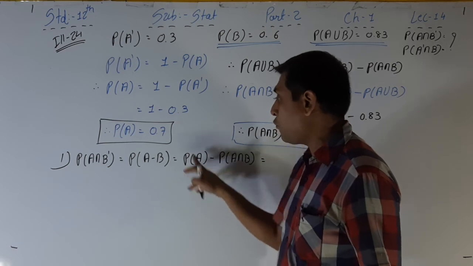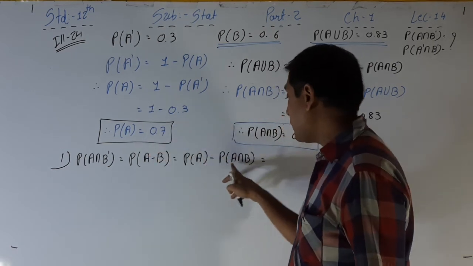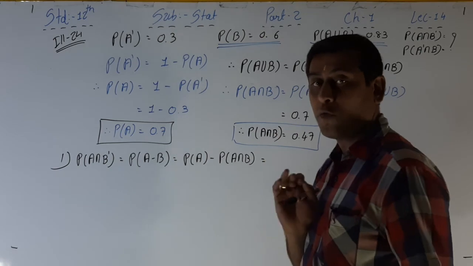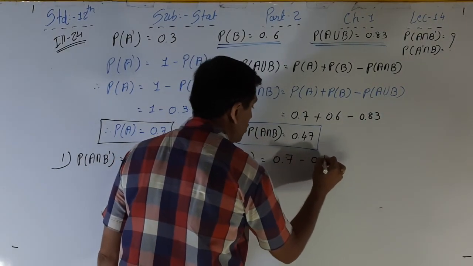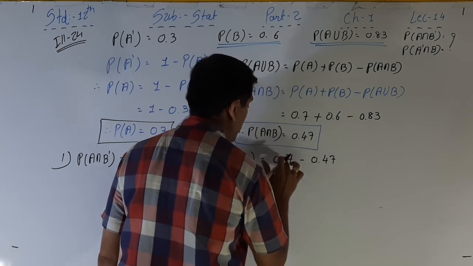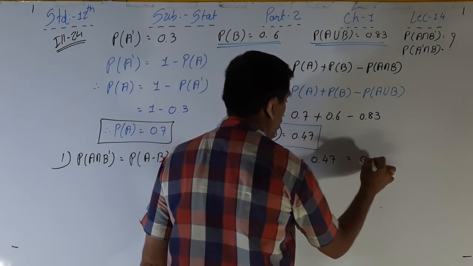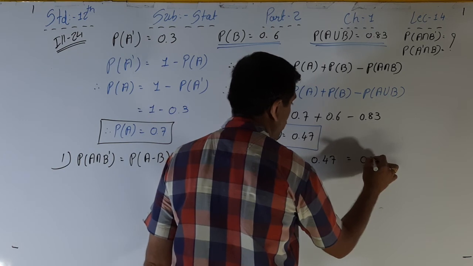What is the value of P of A? 0.7. What is the value of P of A intersection B? 0.47. So here just putting the values, 0.7 minus 0.47. The answer is 0.23.